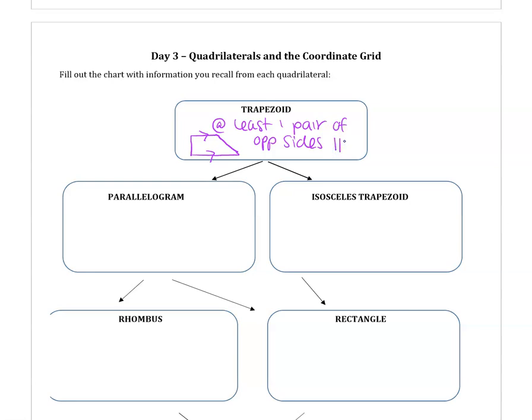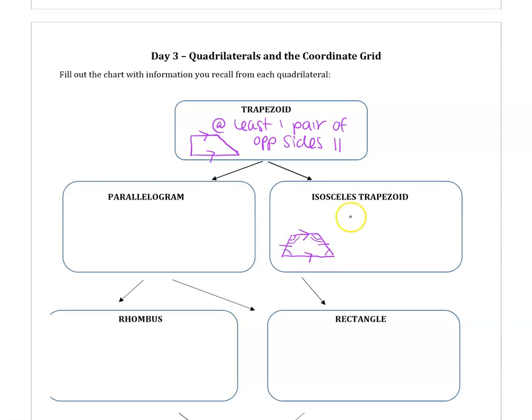Okay, now I deliberately drew it like that because when you say trapezoid, most people draw their trapezoid like this. But remember, that's an isosceles trapezoid, which has congruent legs and congruent base angles.